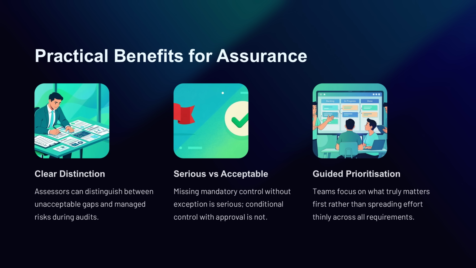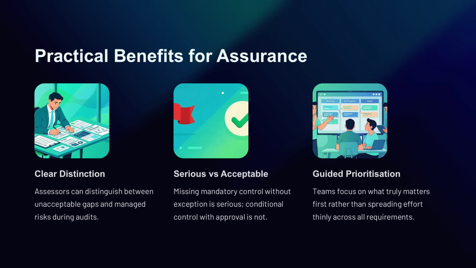Mandatory and conditional controls also serve a practical purpose during assurance and audits. They allow assessors to distinguish between unacceptable gaps and managed risks. A missing mandatory control without an approved exception is a serious issue. A conditional control that does not apply, or one covered by an approved risk acceptance, is not.